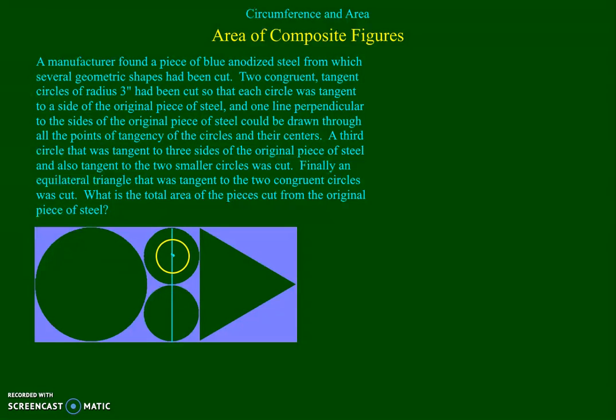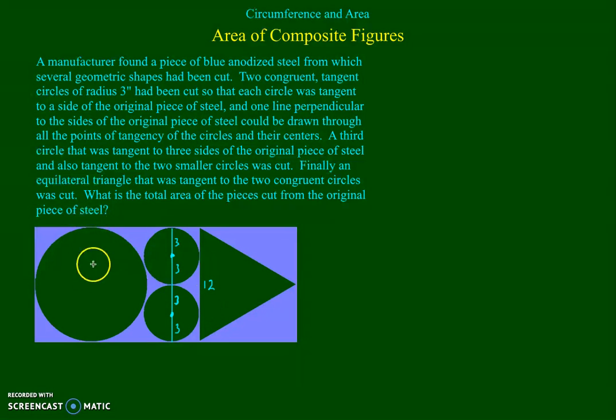We're just eyeballing. It doesn't have to be precise because we're just sketching in things here. So that means this is 3, this is 3, this is 3, and this is 3. That means this side length is going to be 3 plus 3 plus 3 plus 3, which is 12. So we know this side length is 12, which is a good thing.